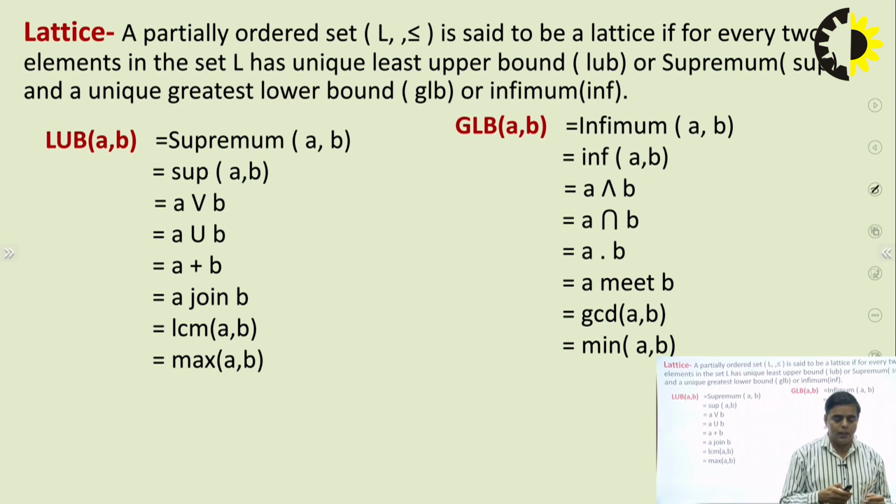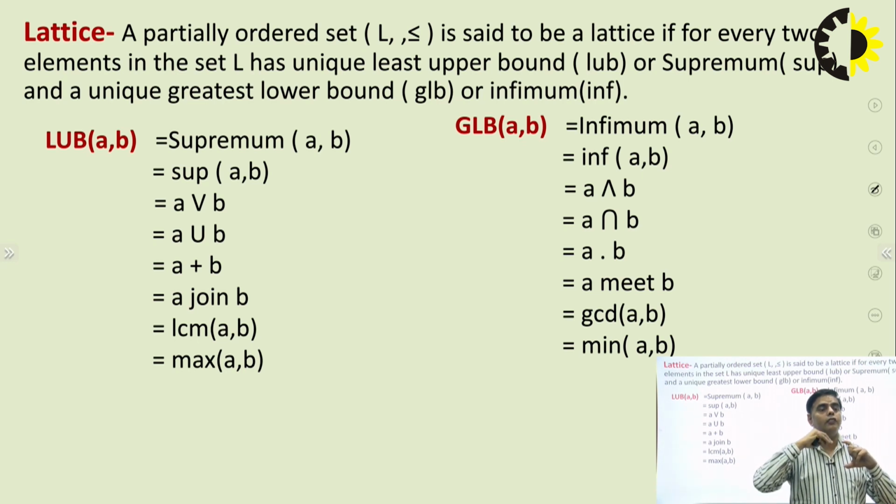Suppose we have a structure where we can see different types of elements, and we can compare the elements. We know that in a Hasse diagram each element is comparable with other elements. If two elements are comparable, then we can find the maximum and minimum elements. In the Hasse diagram it is a level diagram.